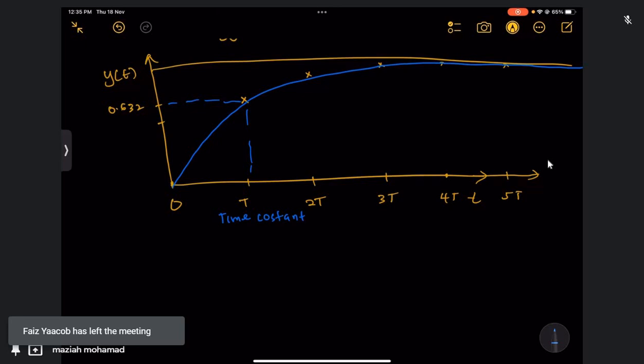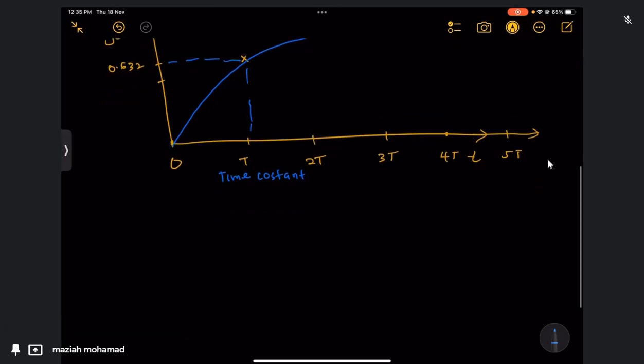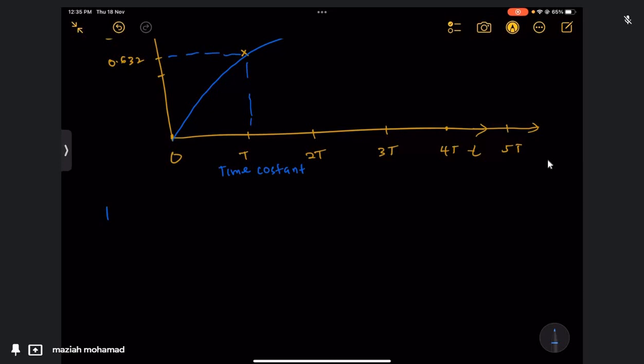Okay, let's see the effect of time constant.